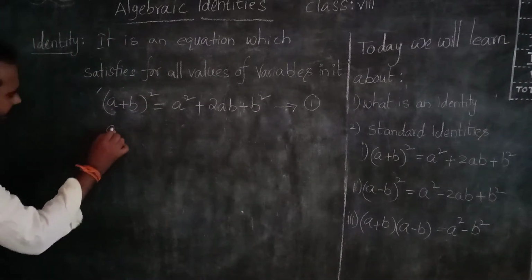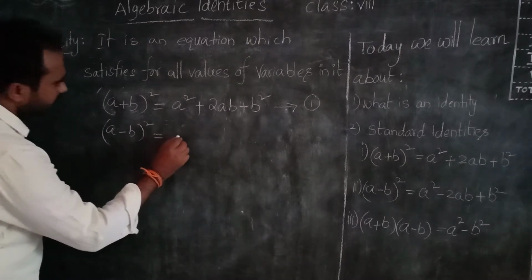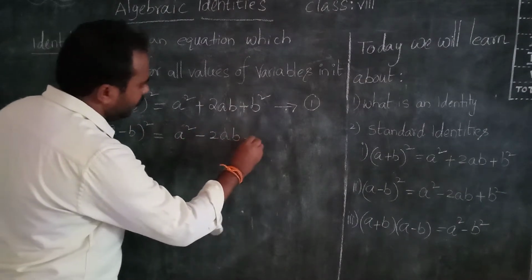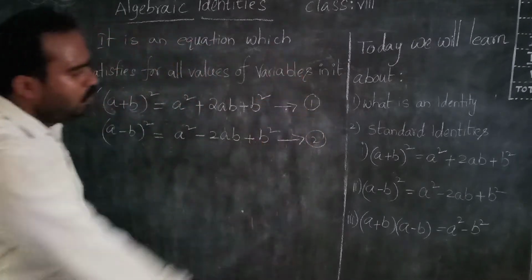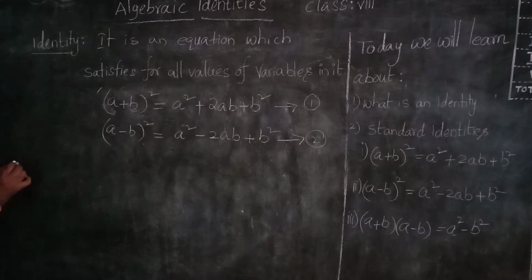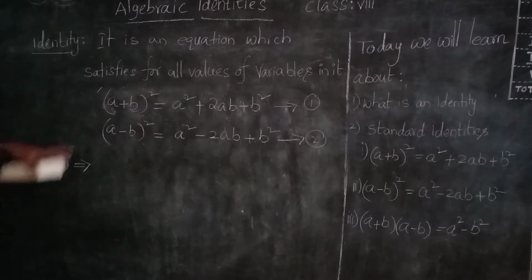And a minus b whole square is equal to a square minus 2ab plus b square. Take it as 2. Now equation 1 plus equation 2. So what is equation 1 plus equation 2?